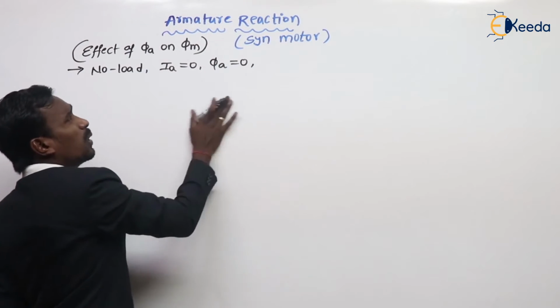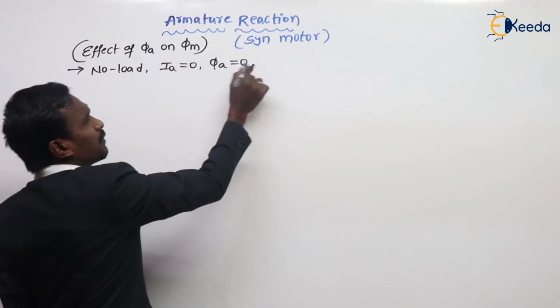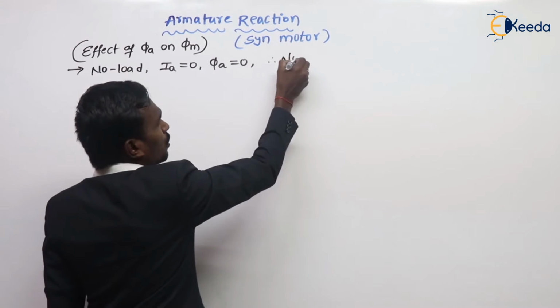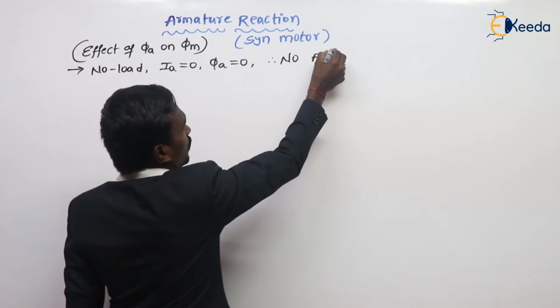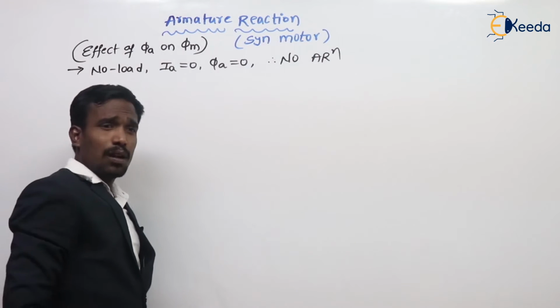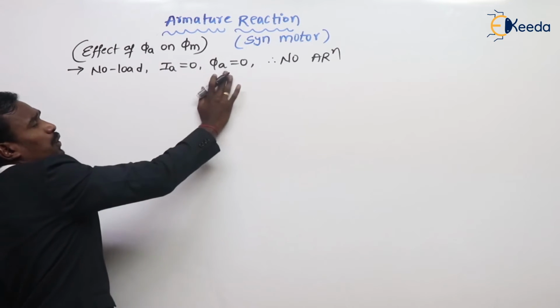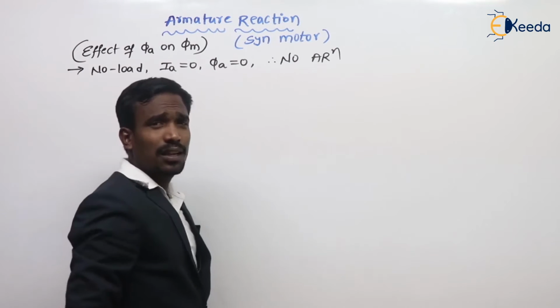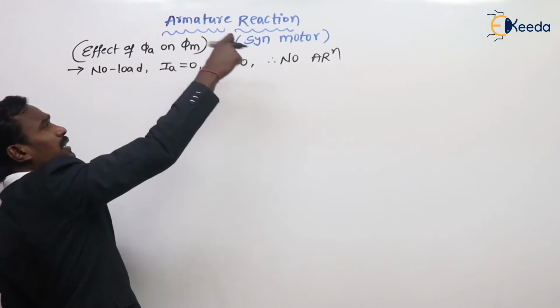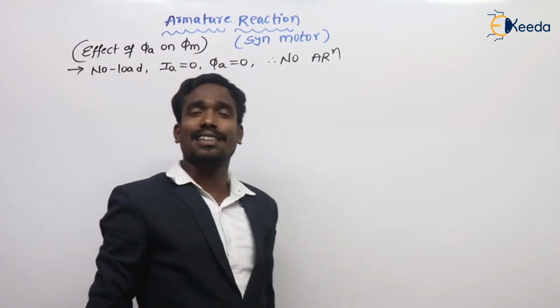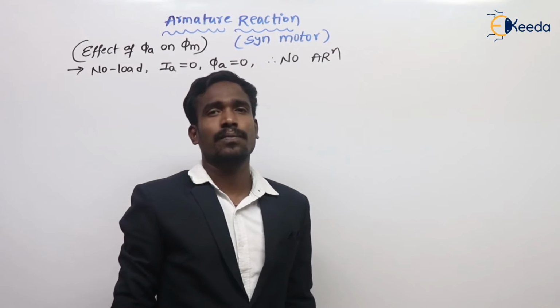Hence, at no load there is no armature flux, therefore no armature reaction. But when a load is connected, IA comes into action, which produces the armature flux, which disturbs the main field flux. That is taken as armature reaction.